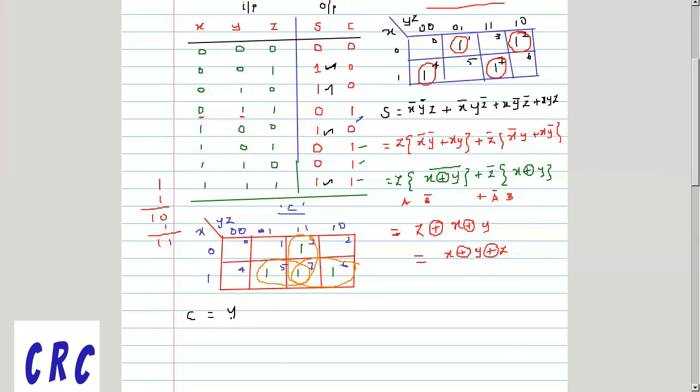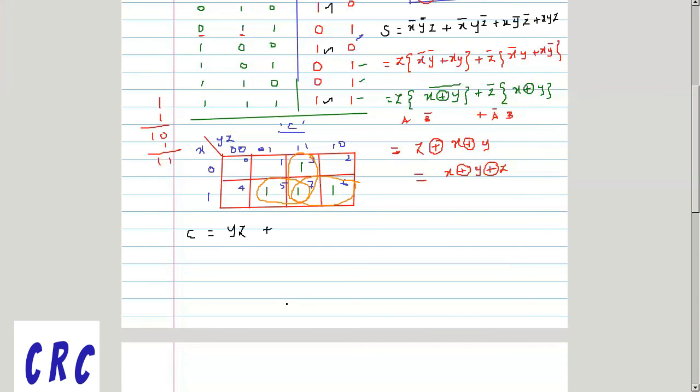It is going to be YZ. Consider the group with elements 5 and 7. On the row side, you have X, whereas you have to consider the second column and the third column. The constant is going to be Z.